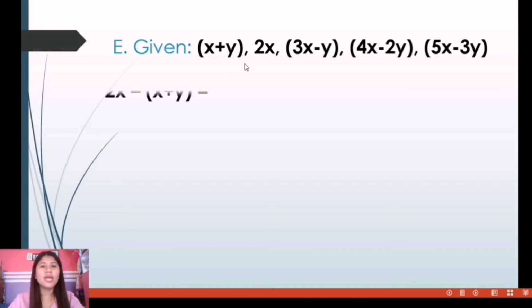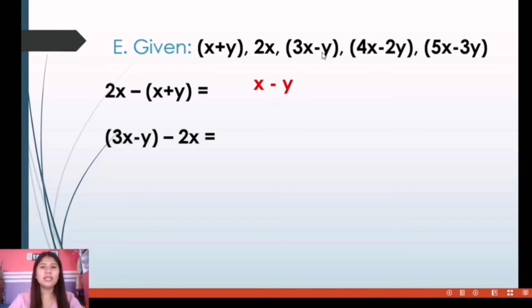So we have 2x minus x plus y, that is equal to x minus y. Combining like terms, 2x minus x is 1x, right? There is no need to put the constant 1 here, since each variable automatically has a constant 1. And then negative, positive, so it is negative. So x minus y.